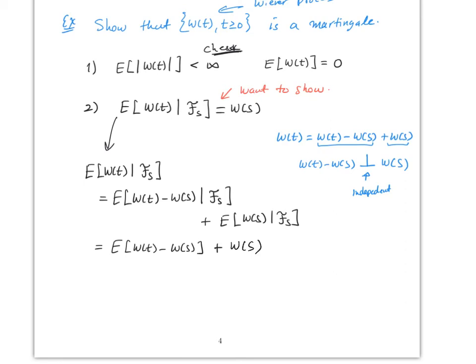This is using the same properties that we did before. Remember, this means measurable. That's why this is the case. And here it is because they are independent. But we already know that this part is equal to 0. So the only thing left is W_s. So this is equal to W_s, and this shows that this is a martingale by definition.